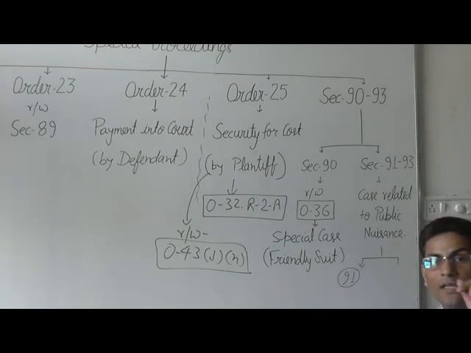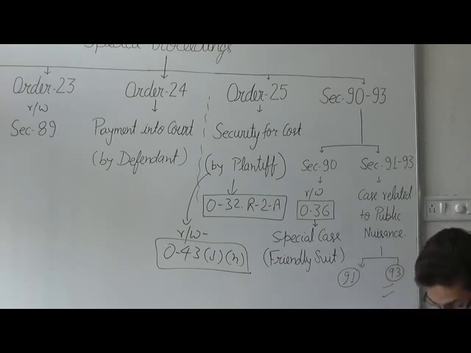If it is instituted by the Advocate General, there is no need to take pre-permission of the court. But if it is instituted by two of the sufferers, then permission of the court would be required. Or under section 93, by the state government, or by the collector or any other officer with the previous sanction of the state government.